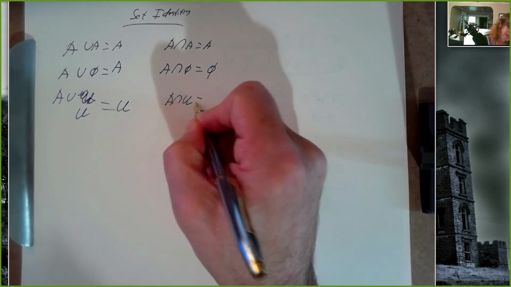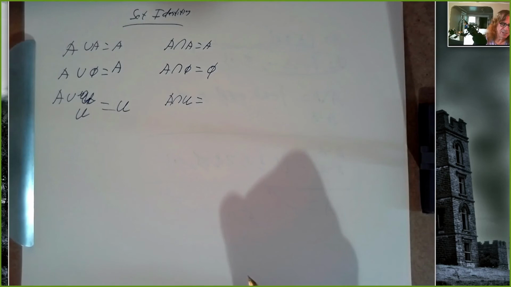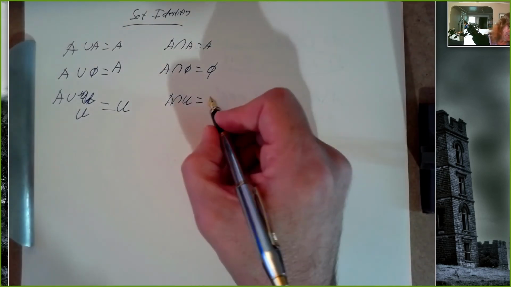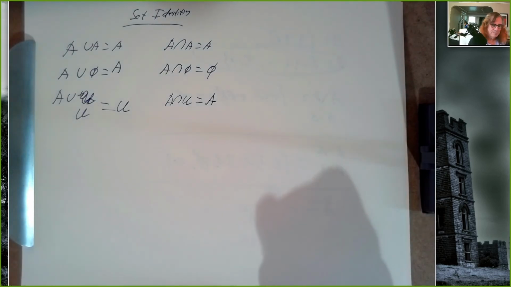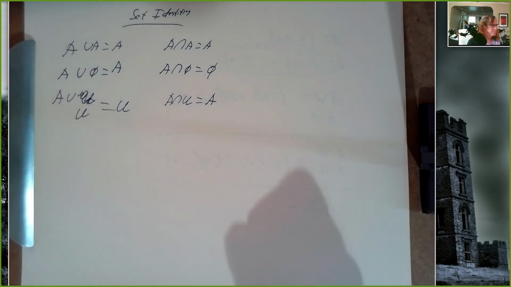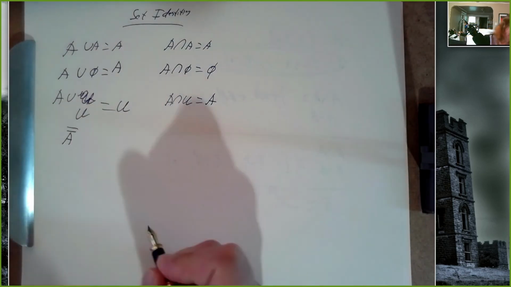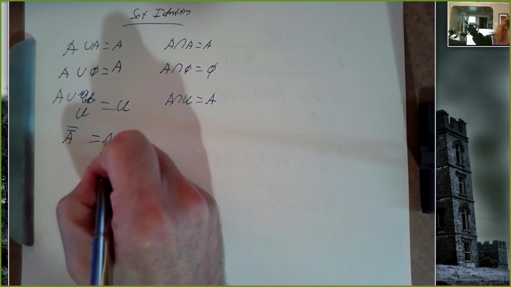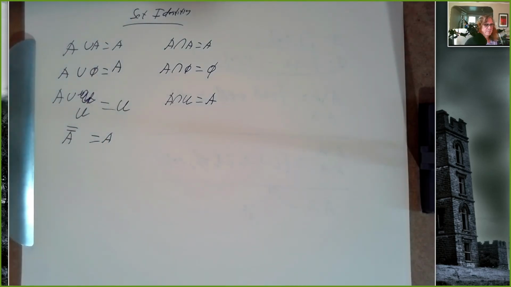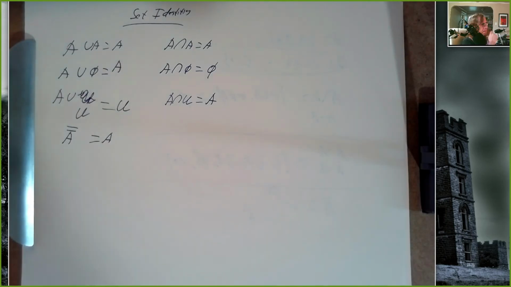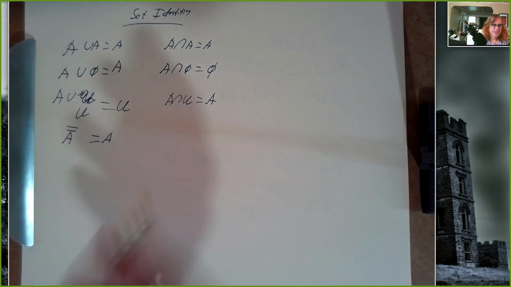If we take A and we intersect with the universal set, this is everything that's in A and also a member of the universe, that's just going to be A. If we take the complement of the complement of A, we just get back A, where this means the complement in the universal set. So we have these identities.